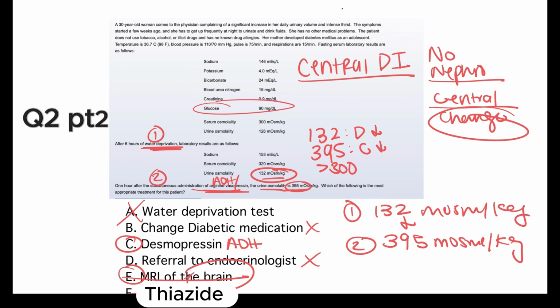A thiazide diuretic, no, you would not want to give this patient a thiazide diuretic. That would increase the urination and it will also increase the patient's dehydration. Okay? So let's clear this up and hopefully you guys understand why this is central diabetes insipidus.